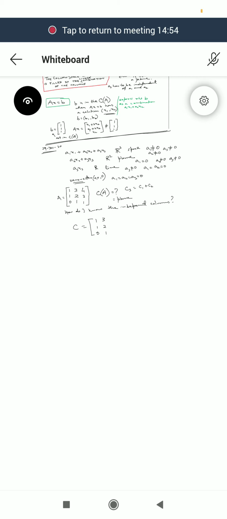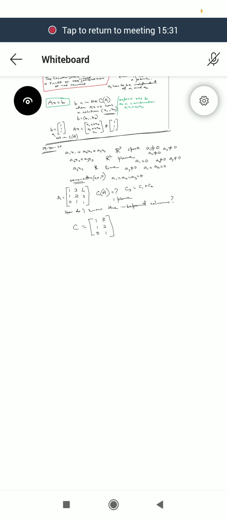Take the third column 4 3 1 and check it with the first two columns whether it's a combination of the first two or not. Here in this case, column 3 is a combination of the first two: 3 plus 1, 2 plus 1, 1 plus 0. So it is not independent, and there are no more columns left. So stop here. In this way, the column space is 1 1 0 and 3 2 1.